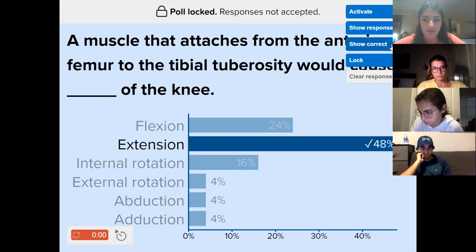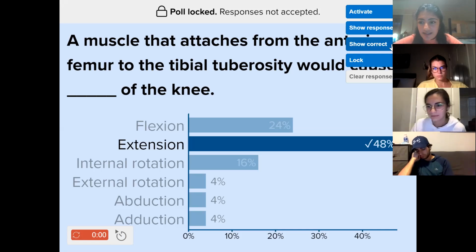So why is this muscle extending the knee? How can we verify that? Half of us said extension, so anyone who said it. Anyone who's already spoken and would like to give this a shot, since some of our friends are shy today.